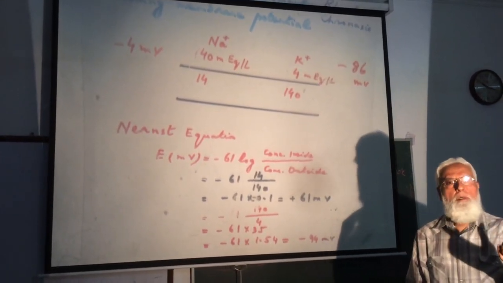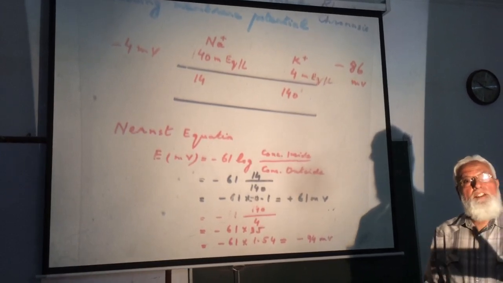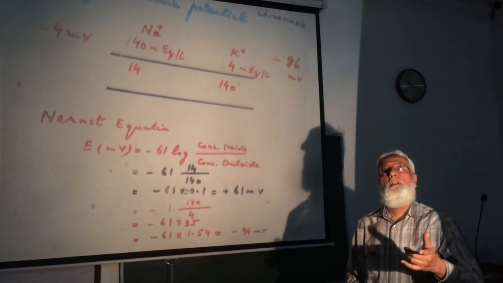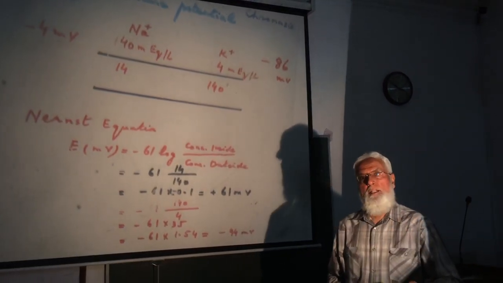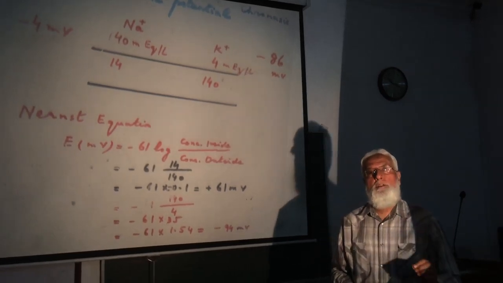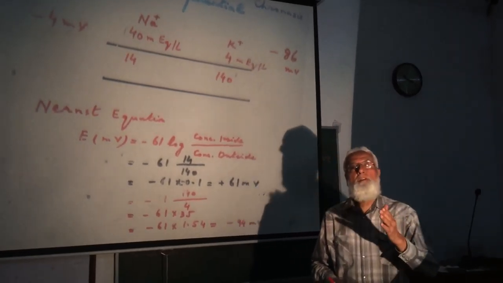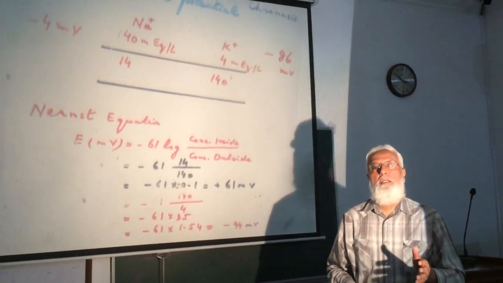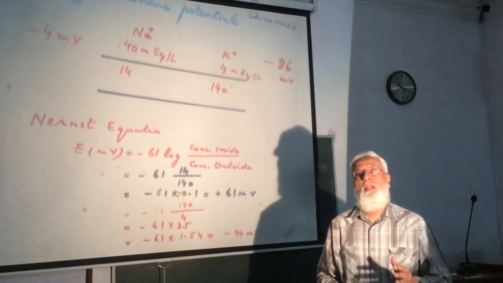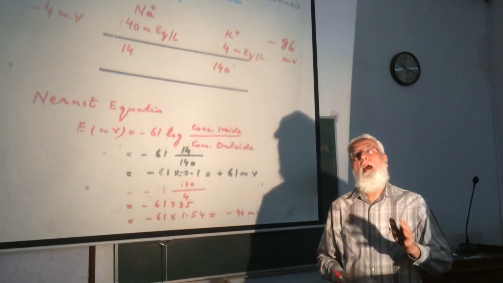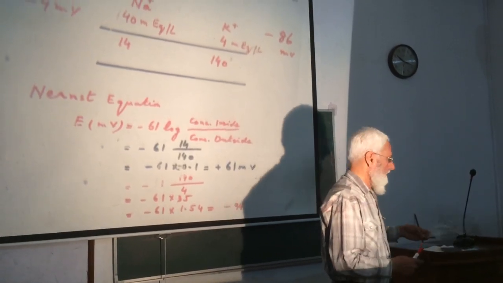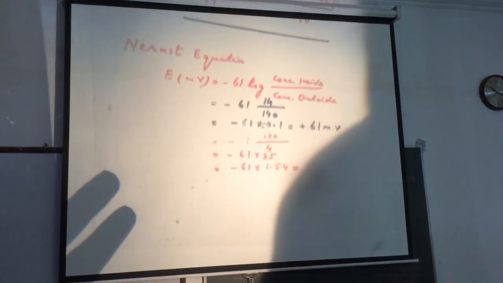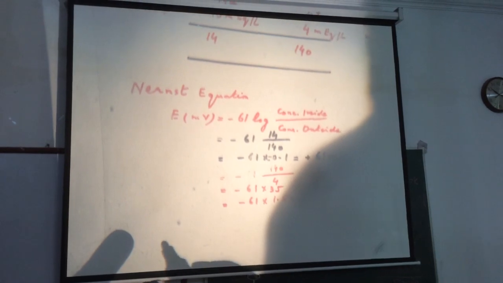The first proof is that changes in potassium concentration in the extracellular fluid have a marked effect on the resting membrane potential. In hypokalemia, the resting membrane potential becomes more negative.